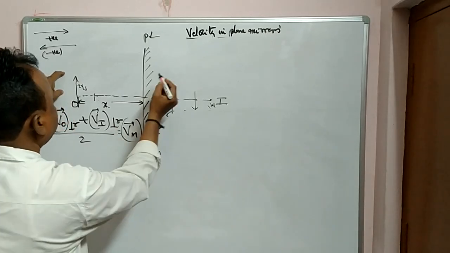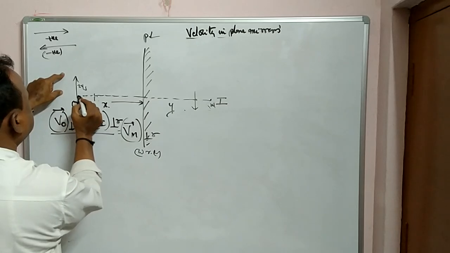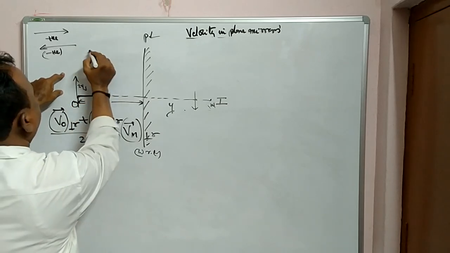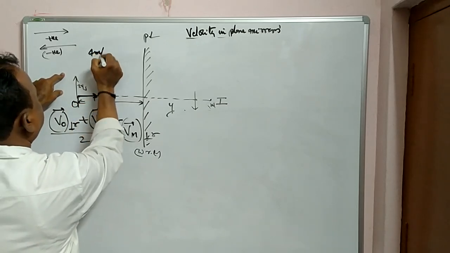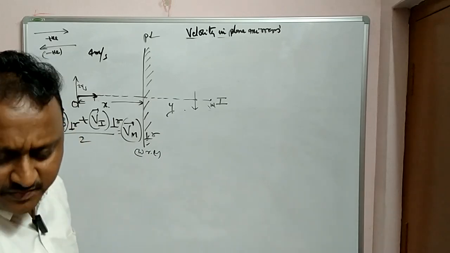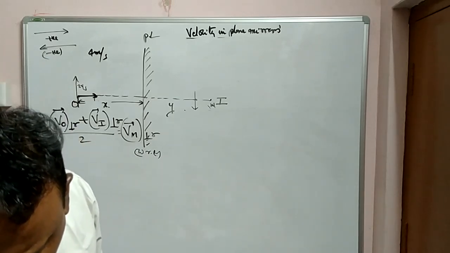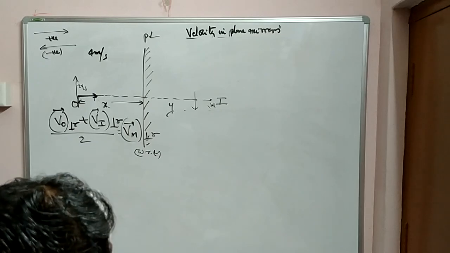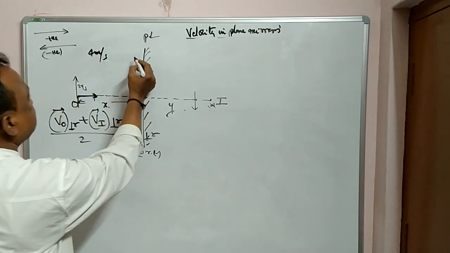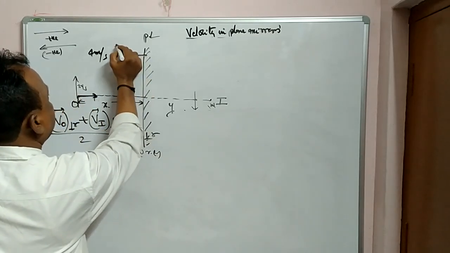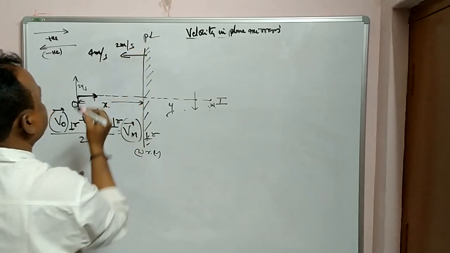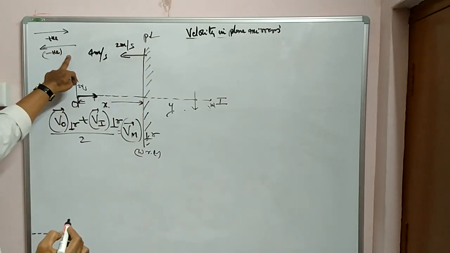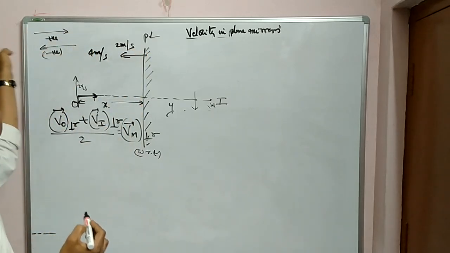Suppose the point object is going in this direction at 4 meters per second, and let the mirror be moving at 2 meters per second. Please follow the sign convention: this side plus, this side minus.